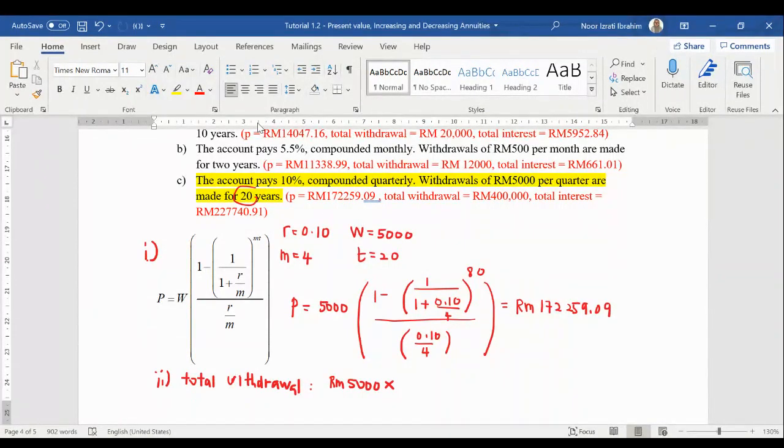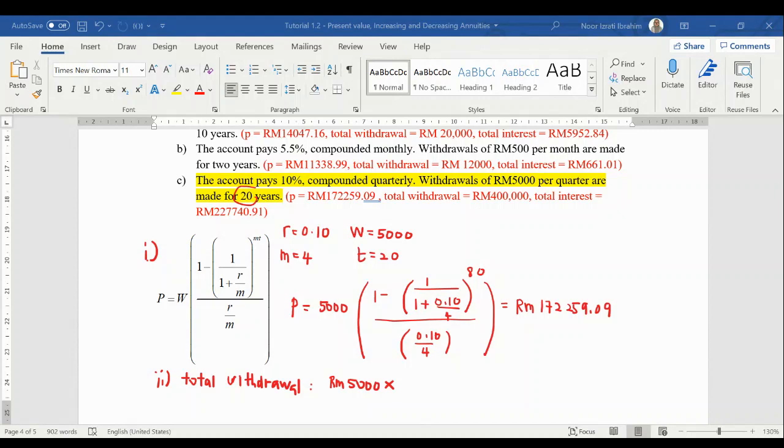How many quarters do we have in 1 year? 4.